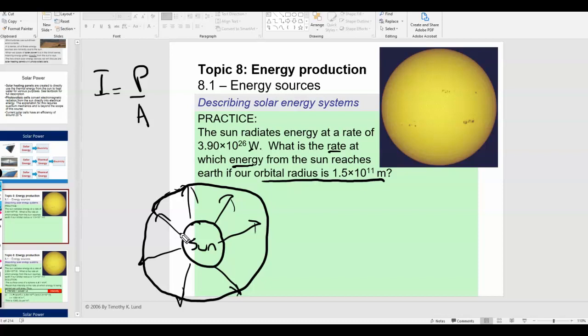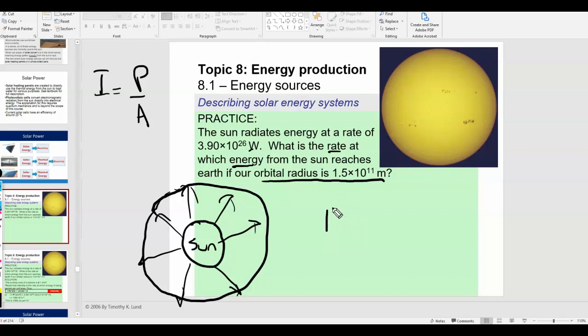And so because of conservation of energy, the energy going through the surface of the bubble at any given time is always the same, no matter the size of the bubble. But what happens is the bigger the bubble is, and this is a hypothetical bubble, the more spread out, or the lower the intensity is of that energy.